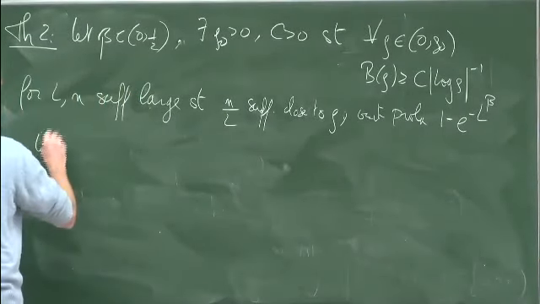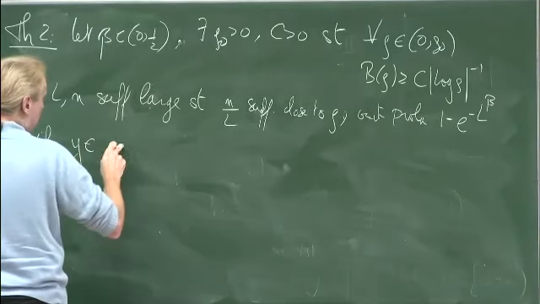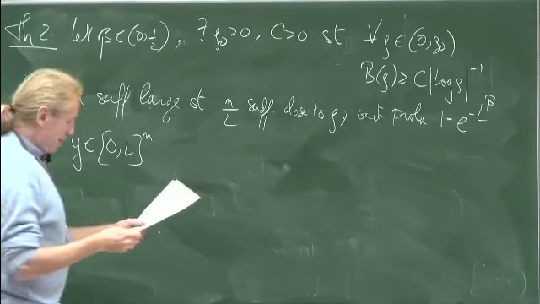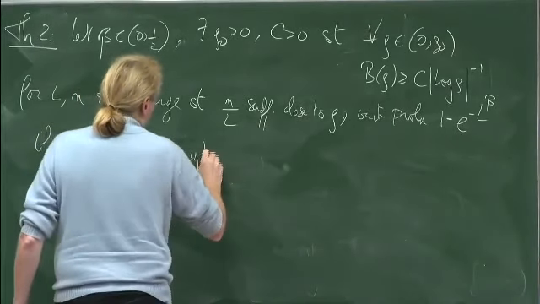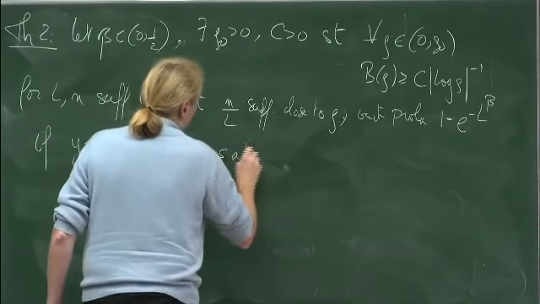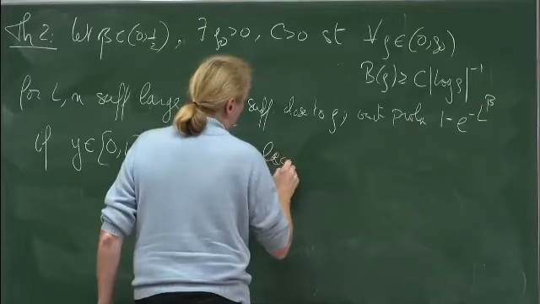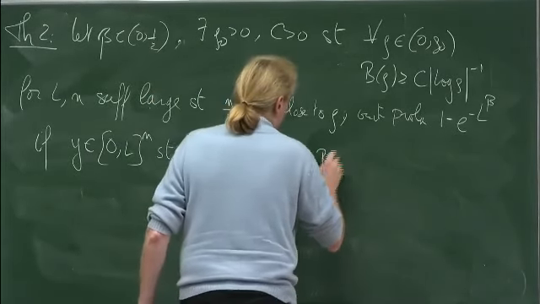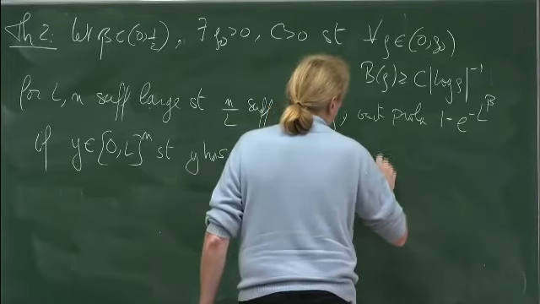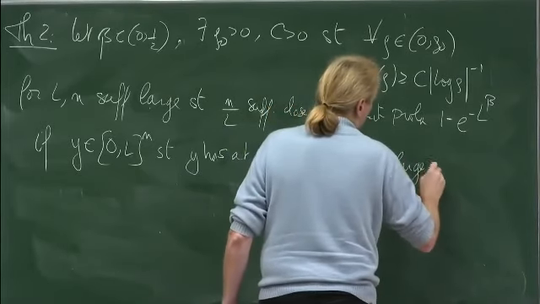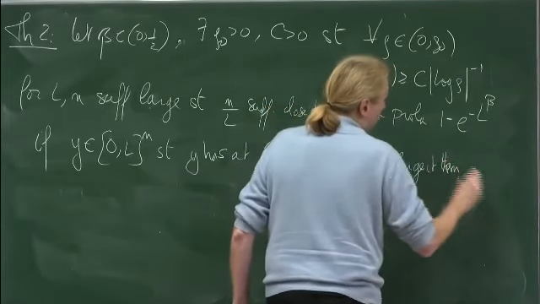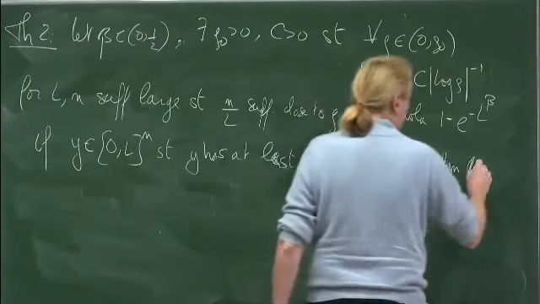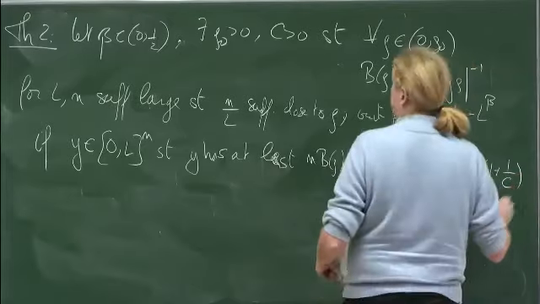if you take a vector y inside (0, L) to the n, and such that y has at least, oh, what did I say? N B rho components larger than little L rho, so this is the length associated to the Fermi energy times 1 plus 1 over c.